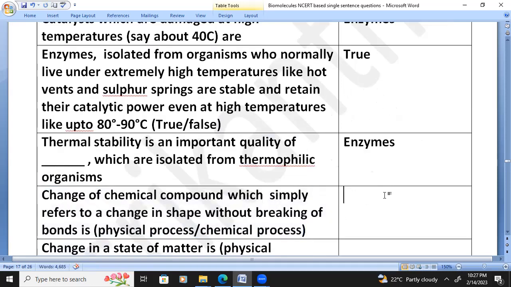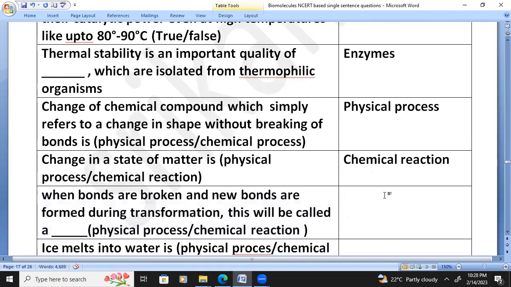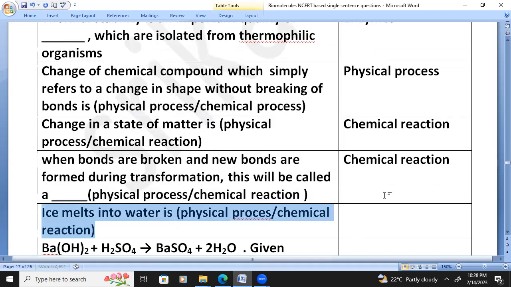A change in shape without breaking bonds is a physical process. Change in state of matter is a physical process. When bonds are broken and new bonds are formed during transformation, this will be called a chemical reaction. Ice melts into water is a physical process.